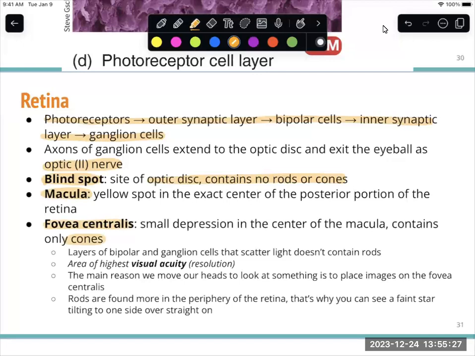Cones give us that most precise vision, so it's that area of highest visual acuity. And then I mentioned we tilt our head around because we're trying to focus into that fovea centralis. We have more rods in the periphery. So if you tilt your head to the side more, you may see stars better because it's black and white in that sky.